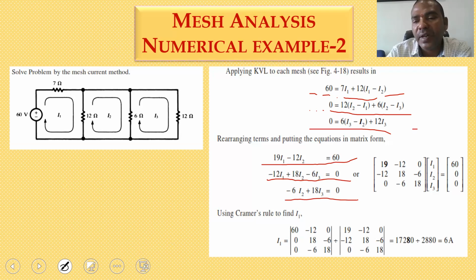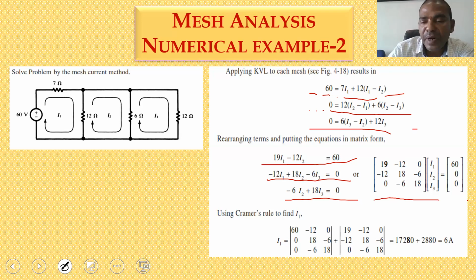If you put it in matrix form, you get 19, minus 12, 0; minus 12, 18, minus 6; 0, minus 6, 18. The unknown currents are I1, I2, I3 and the RHS is 60, 0, 0. Calculate the determinant delta, calculate the determinant delta 1, then I1 is equal to delta 1 by delta.